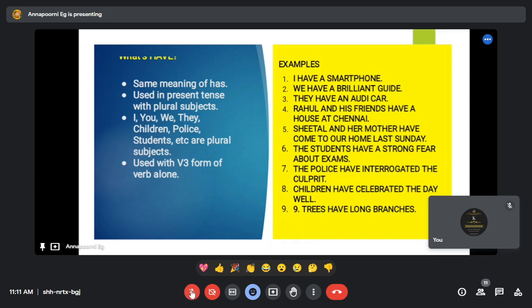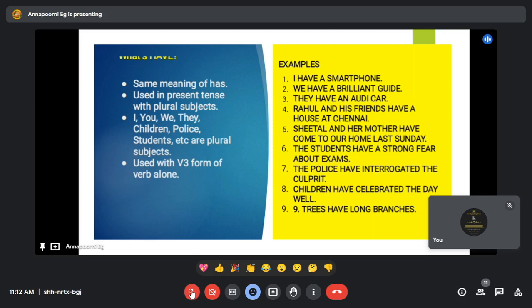Interrogate is the V1, interrogated is the V2, and again interrogated will be the V3 also. V2 and V3 will be same here. For some verbs, V2 and V3 will be same. For some verbs, V1 and V3 will be same. That we will discuss in one of our classes. Don't worry. We will discuss this V1, V2 and V3 in detail.